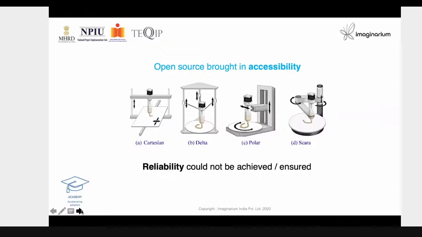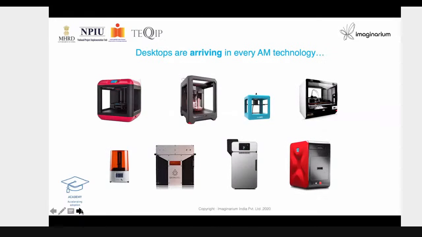But now you have Delta, Polar, and SCARA. These are different types of technologies which are fundamentally based on the FDM principle only, but the way they deposit the build is different. And while open source brought a lot of accessibility to people, reliability is a big issue. And this is what is now being addressed.